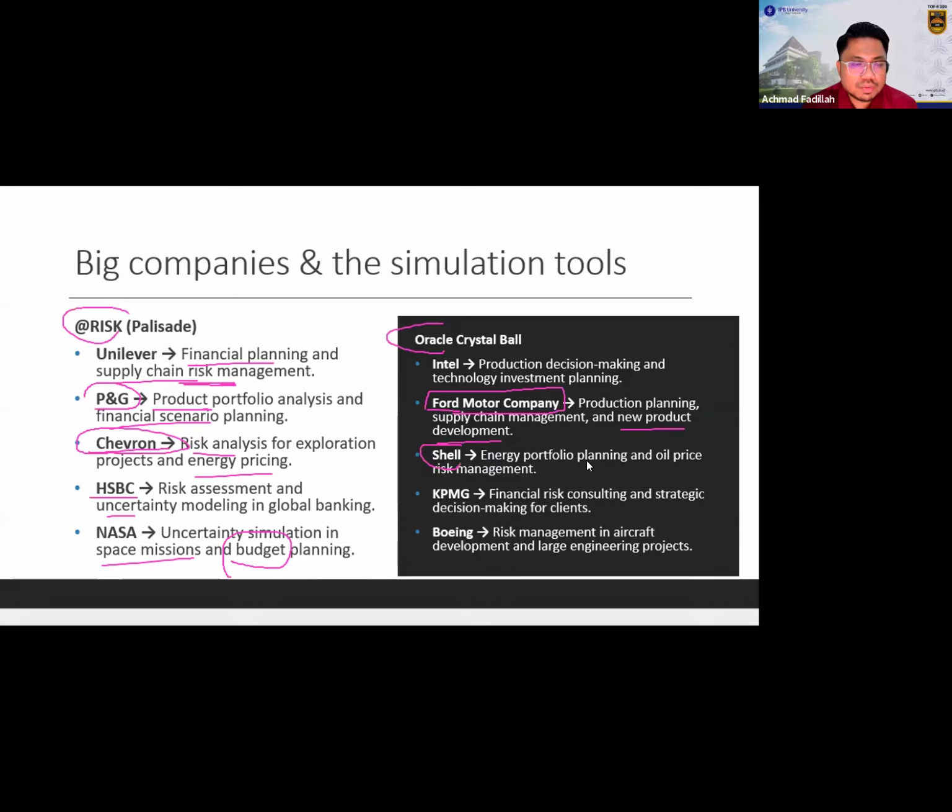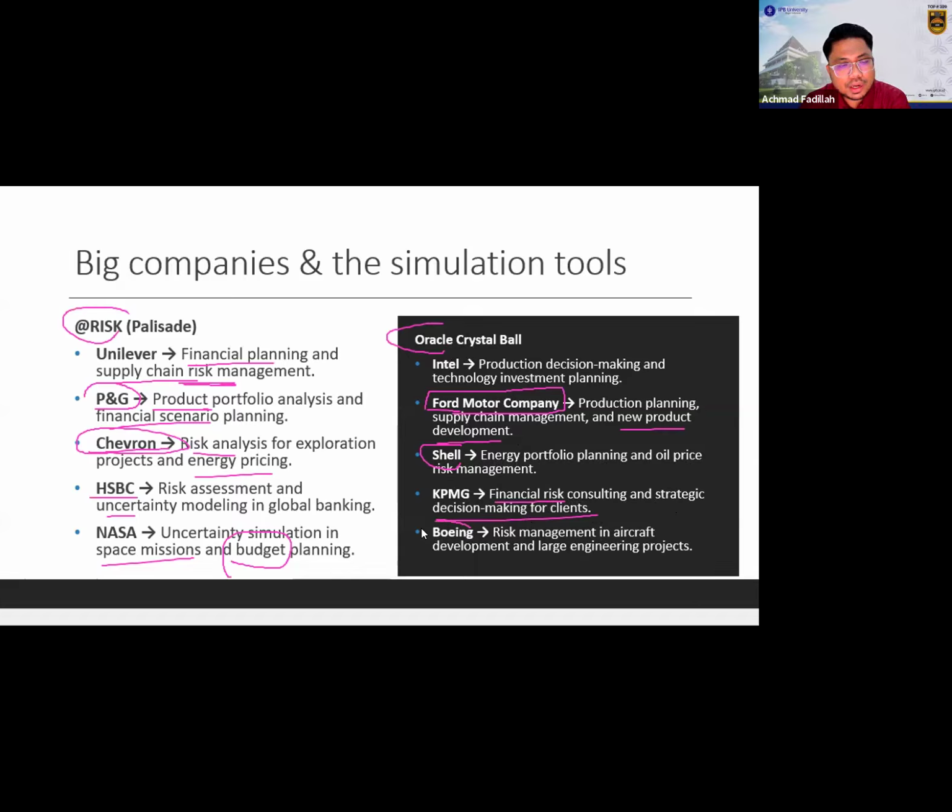Shell, like Saffron, also has portfolio planning for oil and energy. And KPMG uses it for financial risk consulting and strategic decision making. They are financial consultants, and for their clients they give suggestions using these simulation tools, like Oracle's.